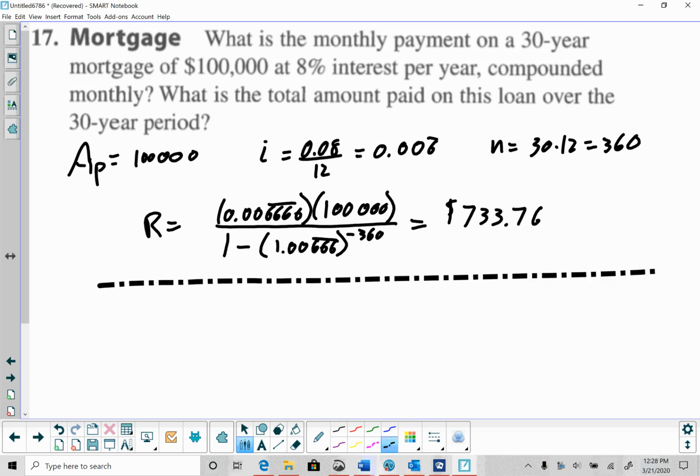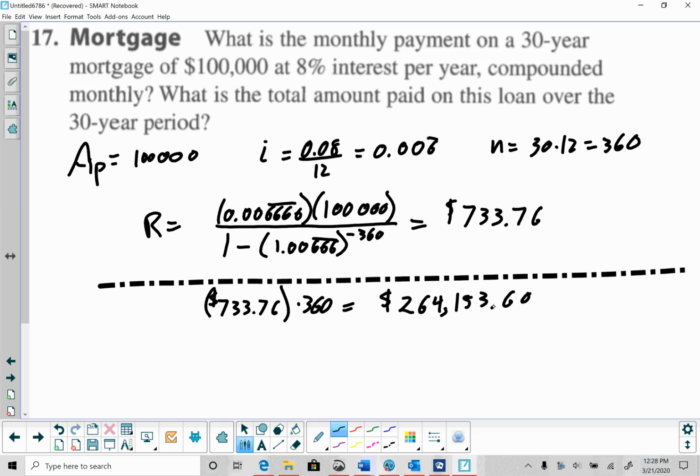The second part, hopefully you have calculators. If we're paying $733.76 every month for 360 months, so there it is.